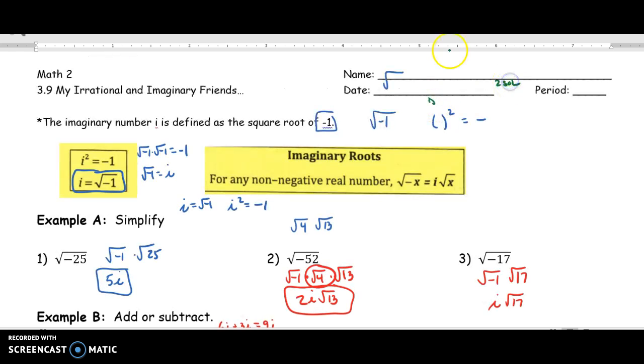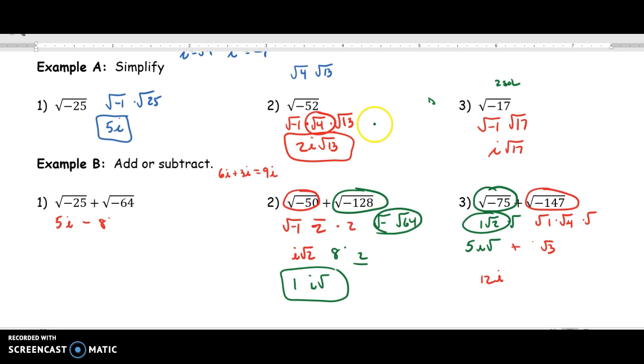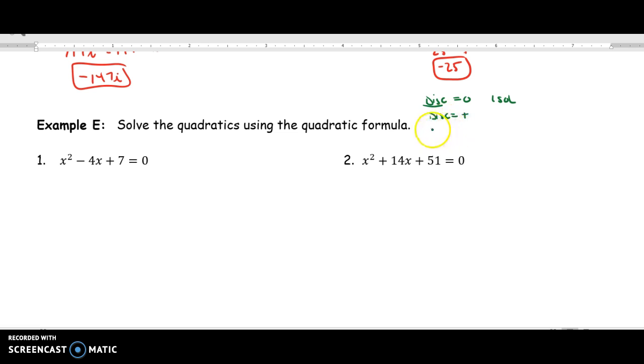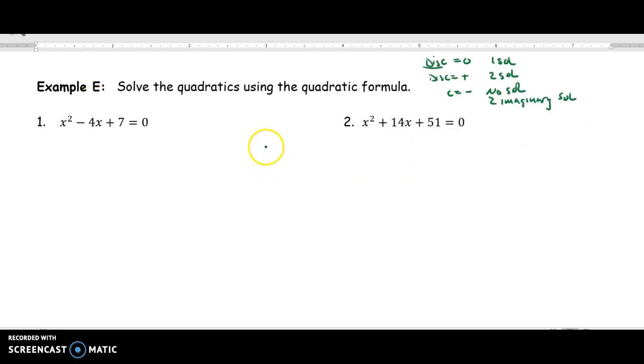But now what happens if the discriminant is equal to a negative number? Well, technically we get no solution, but we're going to change it now to two imaginary solutions, okay?